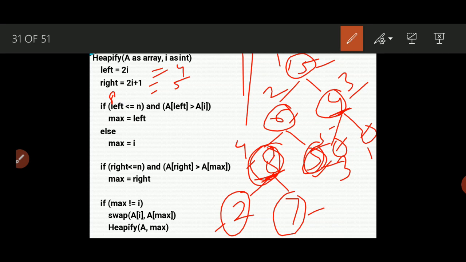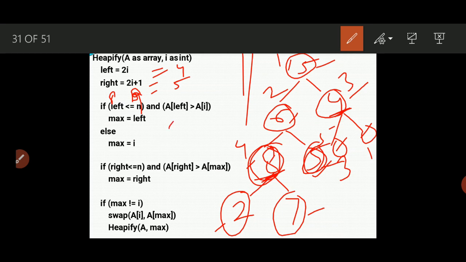Okay, 8 is less than or equal to n, and here we have to check the heap size, which is 9. Then 8 is less than or equal to 9, yes, this is right.